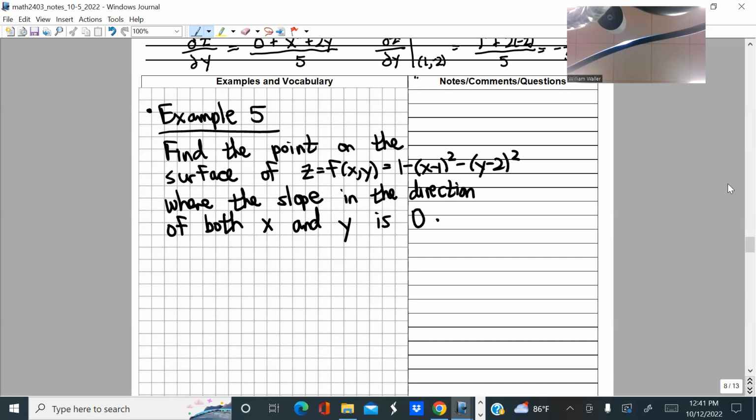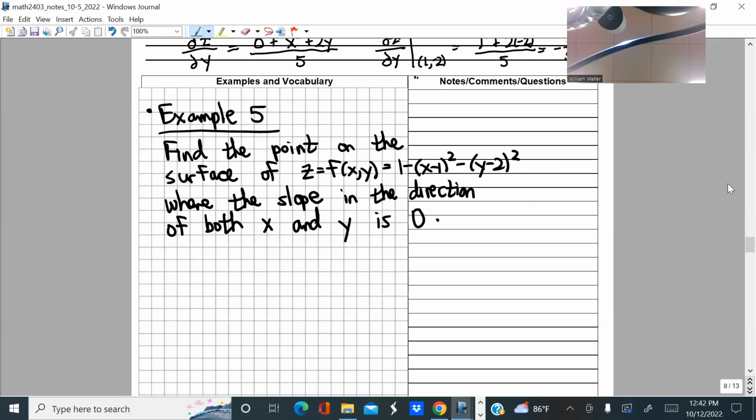So of course, what important thing happens on curves where the slope is 0? Yeah, you get maxima or minima there, right? You get peaks or valley points where the slope is 0.